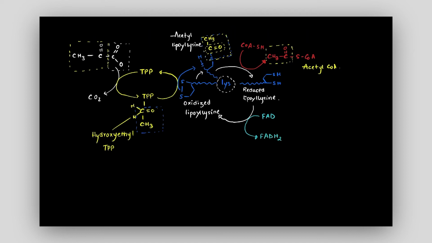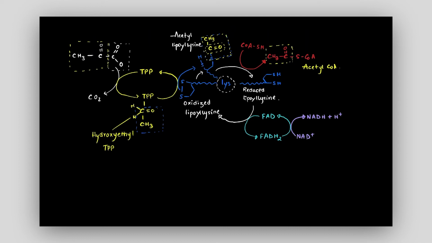So it is reducing the FAD. And when FADH2 gets converted back to FAD, it gives out its electron, and it reduces NAD+. So NAD+ gets reduced to NADH plus H+. So the cycle is completed.